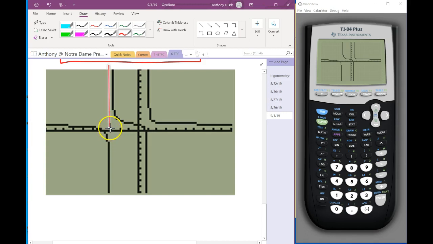All right. So if I look, it looks like I have a vertical asymptote right about here. Everybody agree with that? If I look at my x-axis, that's -1, -2, looks like -3 to me. Agreed? If I go over here and do the same thing, looks like I have a second vertical asymptote. You agree with that?